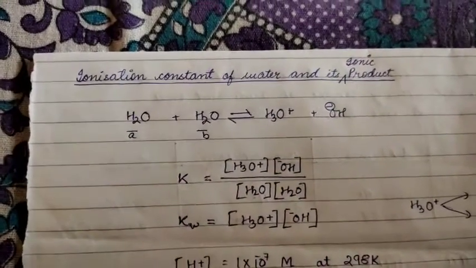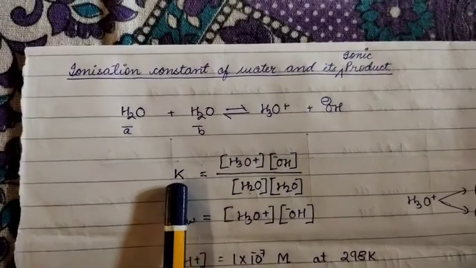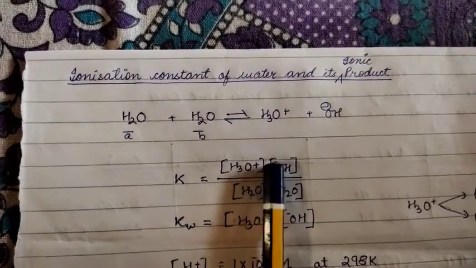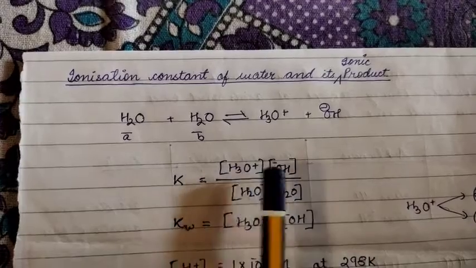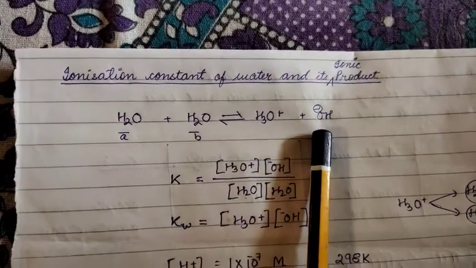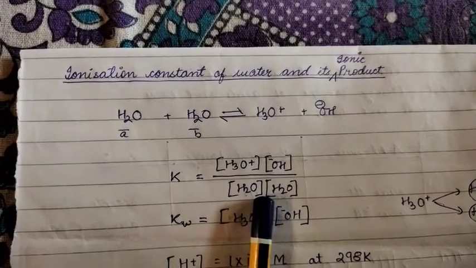So let us see what this means. For that, first of all, we have to calculate the equilibrium constant for the above reaction. You know that it is the multiplication of the concentrations of the products. Here the products are hydronium ion and hydroxyl ion, and below you put the reactant concentrations.